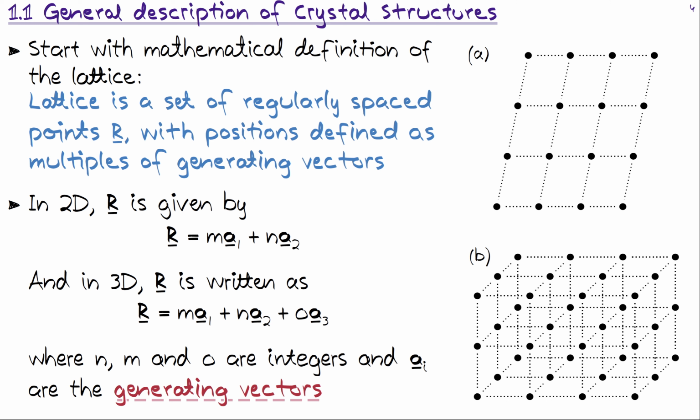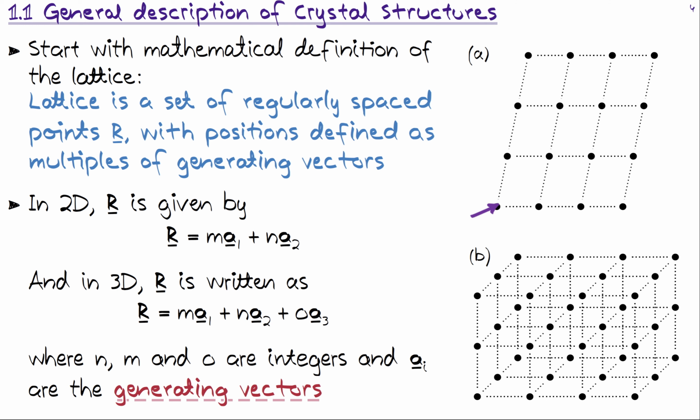So this is a figure that shows what comes about when we are forming a lattice out of the capital R lattice vector. Depending on the integers M and N, we will form a different kind of lattice.